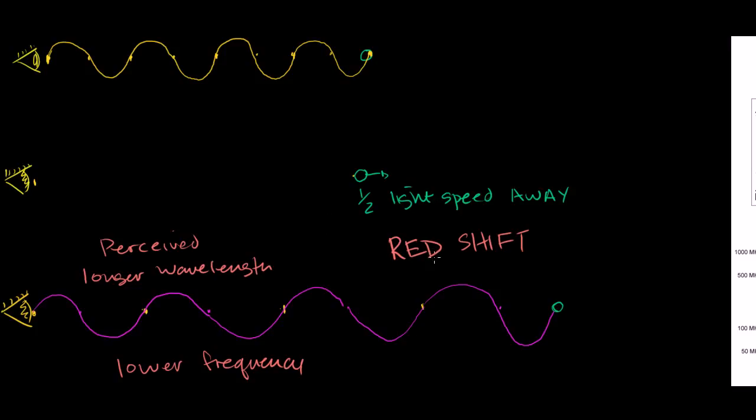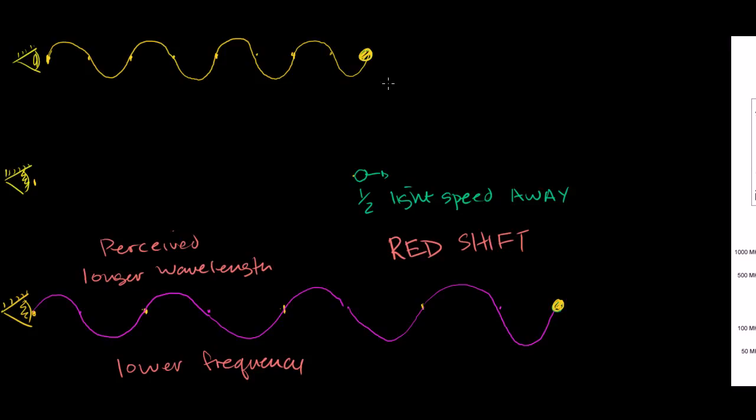Now we can use this tool to explain why we think many things are moving away from us. And let me make sure you get that idea. If I have two objects, let's say that these are both suns, or both galaxies, either way.